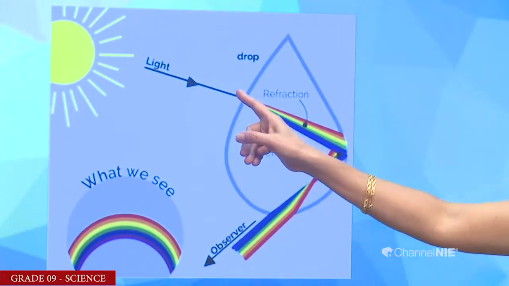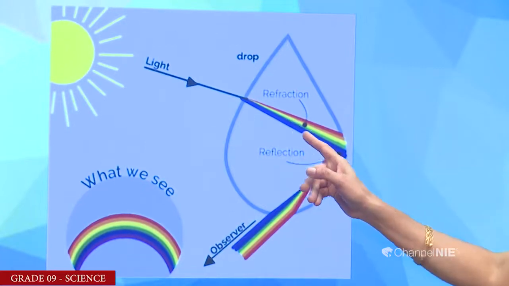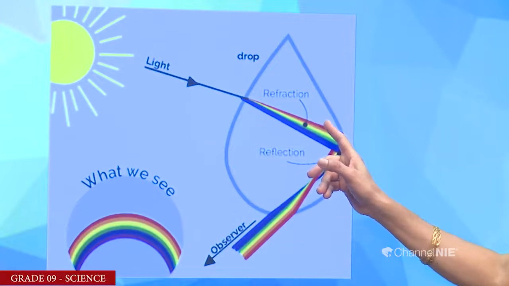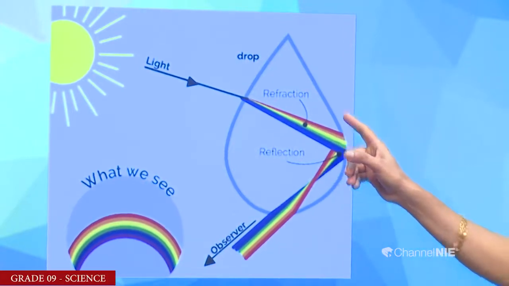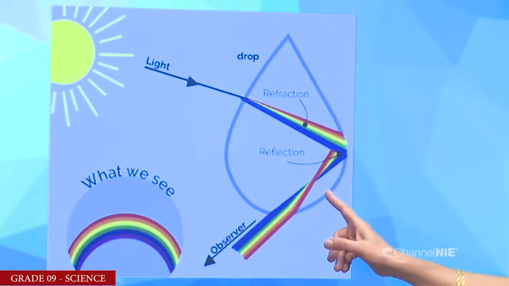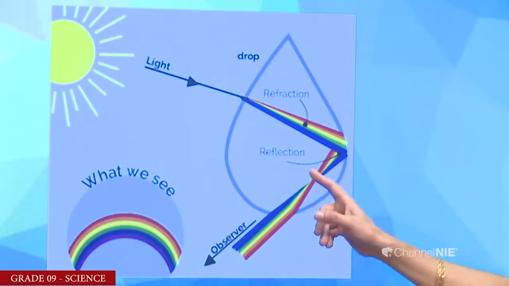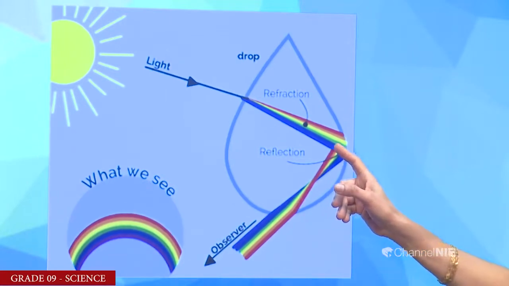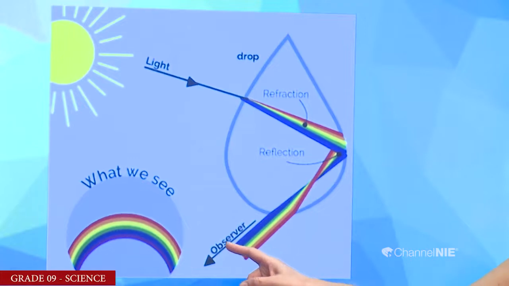Here white light gets refracted. As I told you earlier, violet light is refracted more than red light. When it hits this surface of the water droplet, it gets reflected. We call it internal reflection, and the reflected light rays reach the eye of the observer.